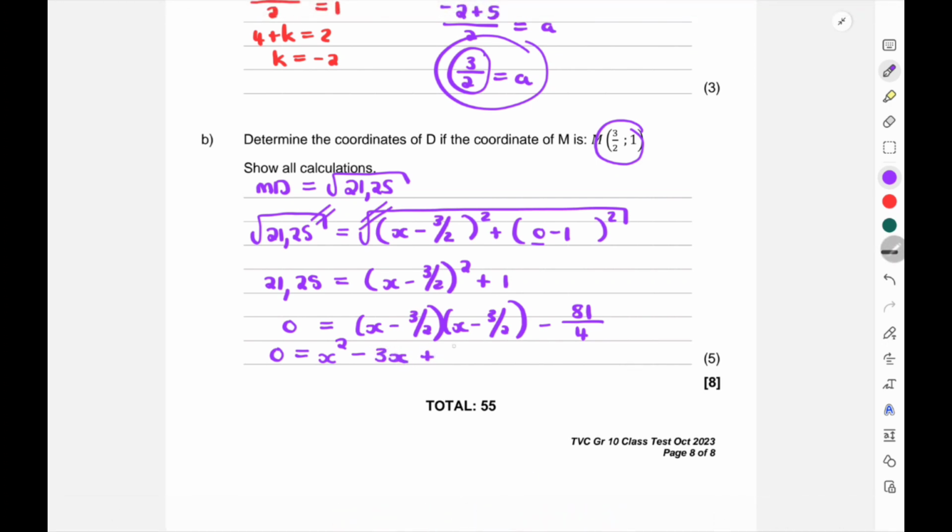And plus 3/2 times 3/2 is 9/4, minus 81/4, and that we can simplify in our calculator. 9 divided by 4 minus 81 over 4, and that gives you a beautiful answer as -18.